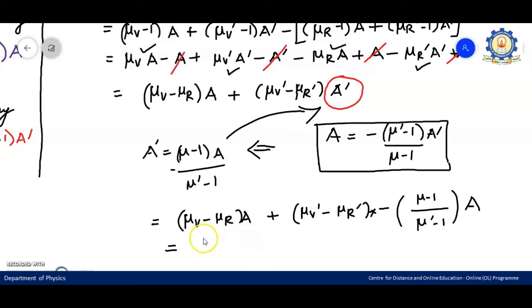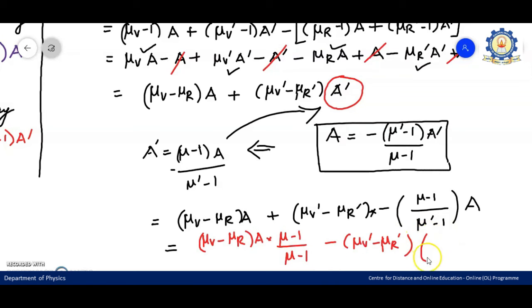That is, mu V minus mu R into A as it is. The new term is mu minus 1, multiply and divide by mu minus 1, plus mu V prime minus mu R prime. This carries a negative sign, then this becomes negative.